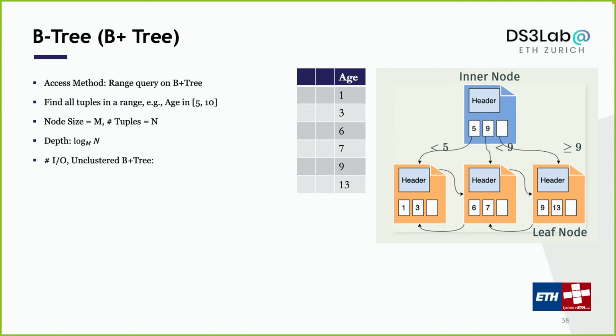So when you have an unclustered B plus tree, what would you have? You are going to find the first leaf node, which is the lower bound of the range, and then scan the leaf nodes until you find the upper bound. Then for each tuple contained in those leaf nodes, you fetch the actual tuple.